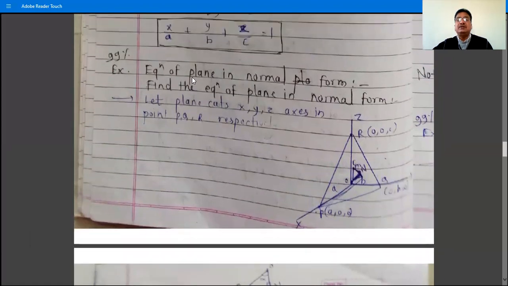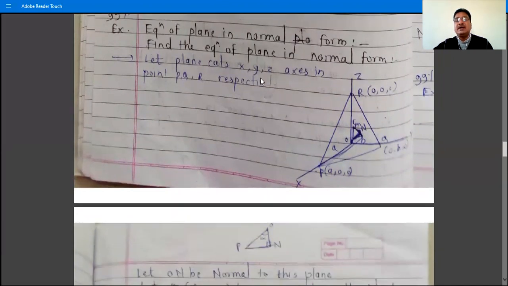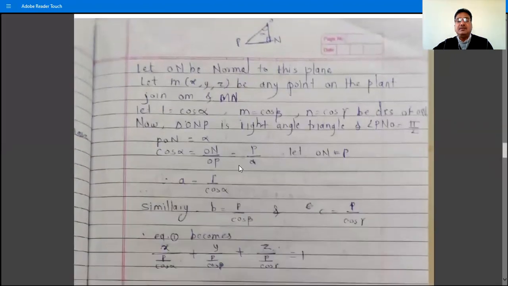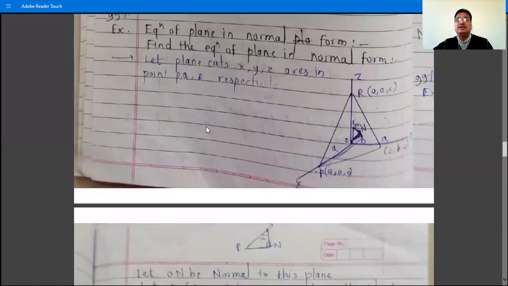So the question is, this is also important: find the equation of the plane in normal form. Let the plane cut the x, y, z axes in the points P, Q, R. Show this plane as a triangle. Suppose this plane cuts the x-axis in the point P, the y-axis in the point Q, and the z-axis in the point R. Suppose the plane makes intercepts small a, small b, and small c on the x, y, z axes.